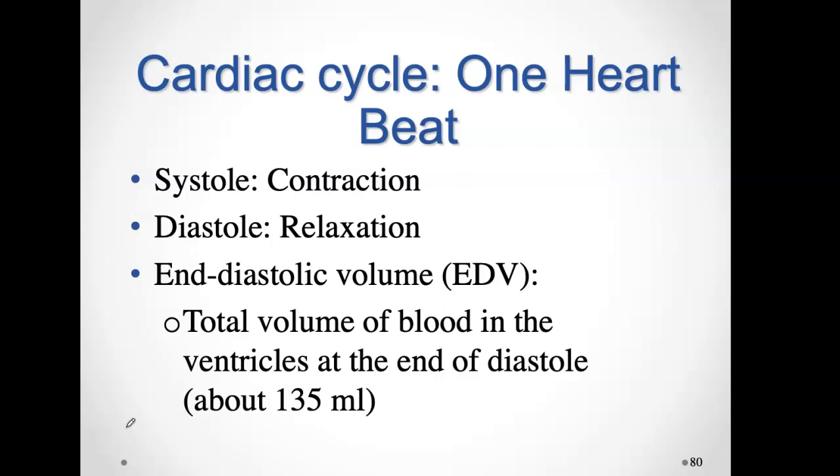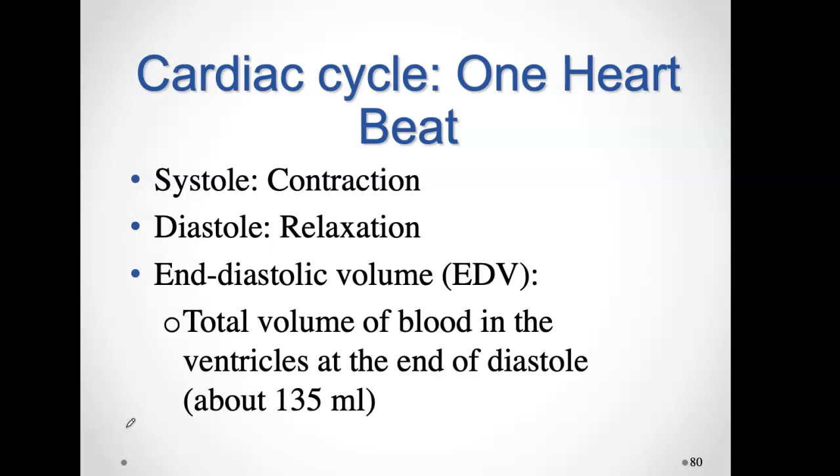It's not ejecting. So when it's in systole, it's ejecting. When it's in diastole, it's filling. So let's think of that time when it's filling, and it fills and fills and fills. That total volume that was able to fill that ventricle is called EDV, or end diastolic volume.